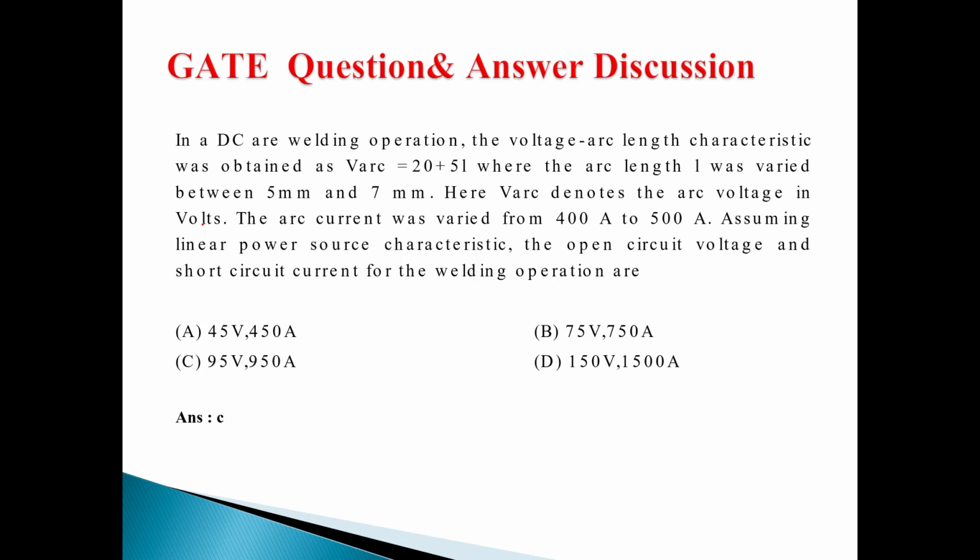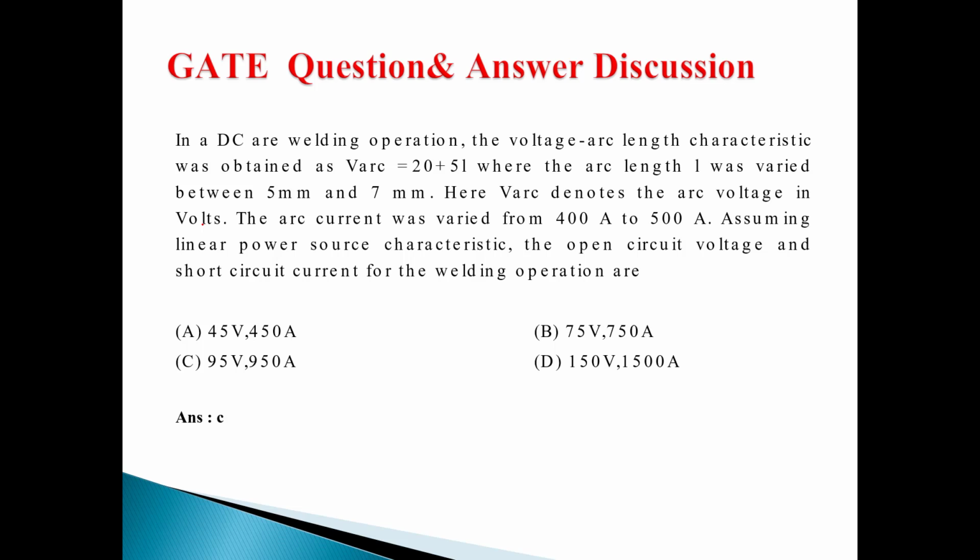Next, we have another problem. In DC arc welding operation, the voltage arc length characteristics was obtained as V arc equal to 20 plus 5L, where the arc length L was varied between 5 mm and 7 mm.